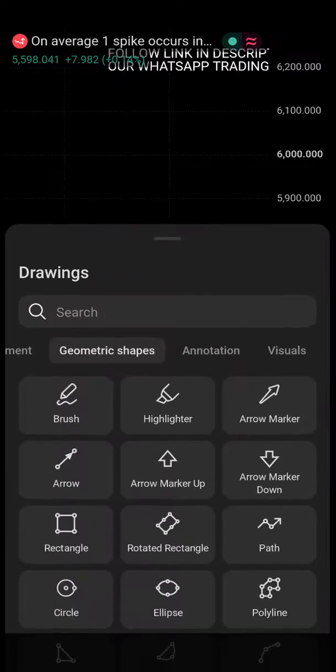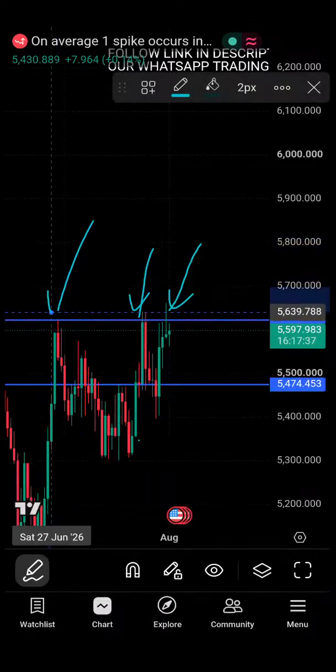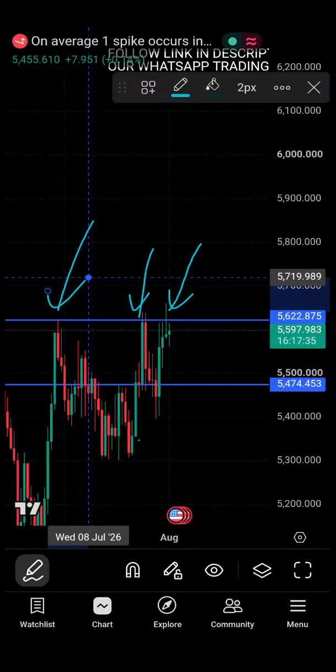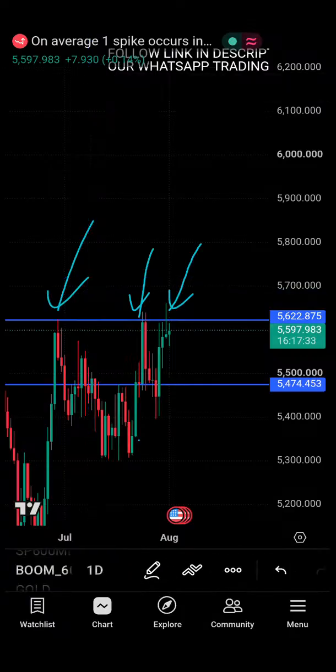Why am I saying it's very strong? As I've indicated earlier on Bitcoin, whenever you have a touch on an area of sensitivity, it shows that the area is strong.